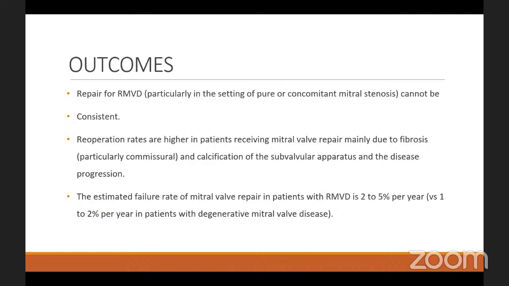So the estimated failure rate of mitral valve repair in patients with rheumatic valve disease is 2 to 5% per year versus 1 to 2% in patients with degenerative valve disease. So the reoperation is higher in rheumatic valve disease, and the repair is 50 to 75% amenable in rheumatic valve disease patients. Thank you.